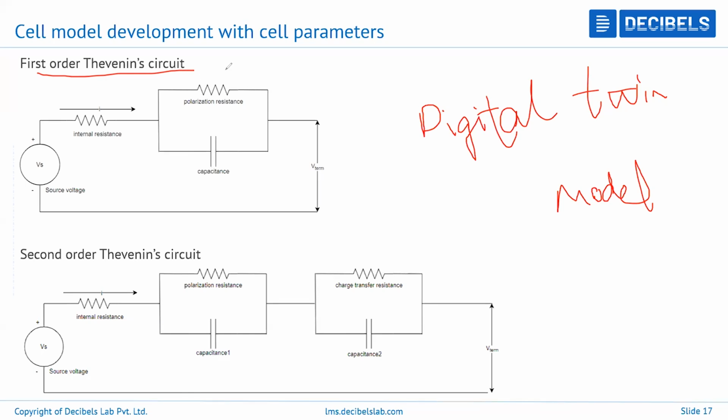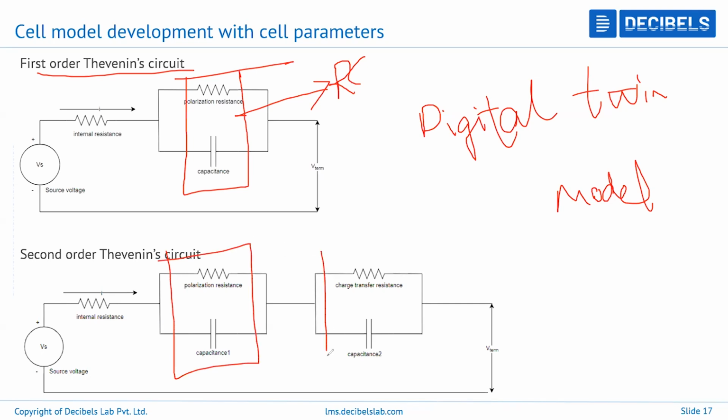This is an RC branch. Here you can see a model with two RC branches: this is the first one and this is the second one. Each model is identified based on the number of RC branches, hence the names first order and second order.